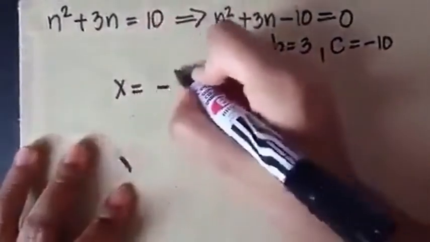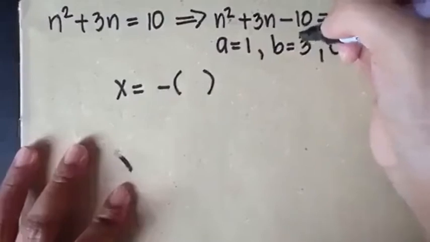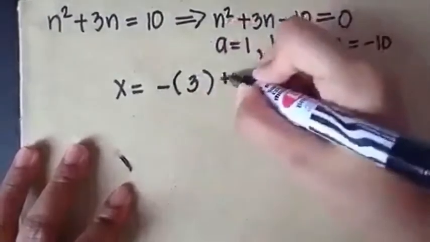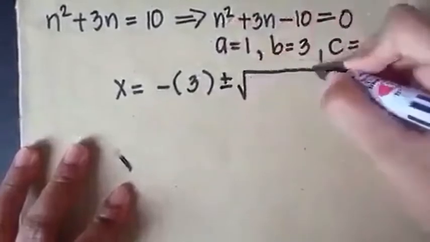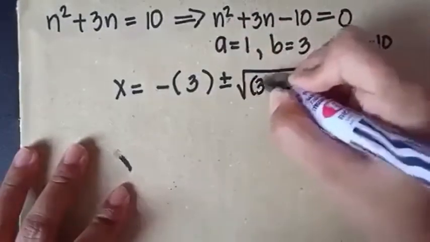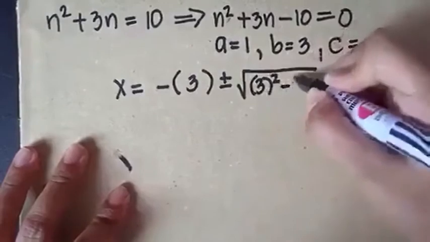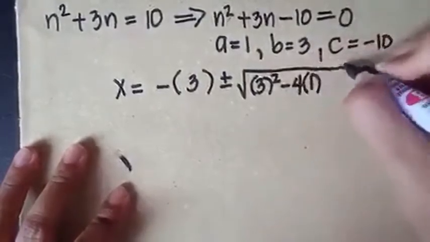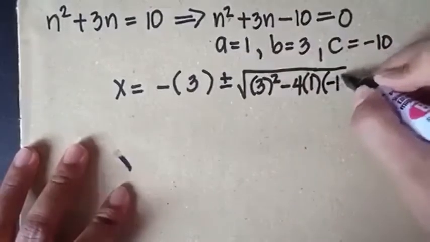Okay? So, gamitan natin ng quadratic formula. So, we have negative b. Ano yung b natin? 3. Okay? Then, plus and minus the square root of b squared minus 4 times a, yung a natin is 1, times c, which is negative 10.